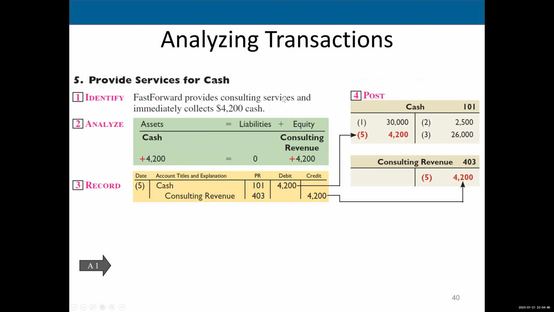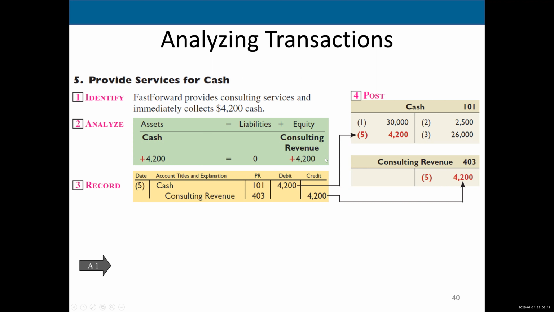So you earned revenue. So it's going to go under the equity, consulting revenue, 4,200. Now, remember, when we receive cash, it's a debit. When we pay cash, it's a credit. Well, here we're receiving cash, 4,200. So we're going to debit cash for $4,200.